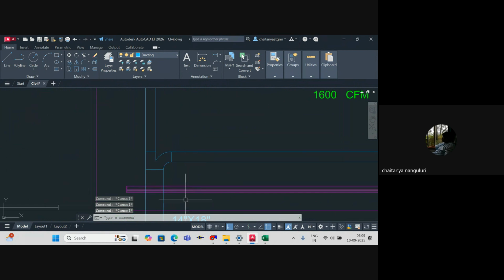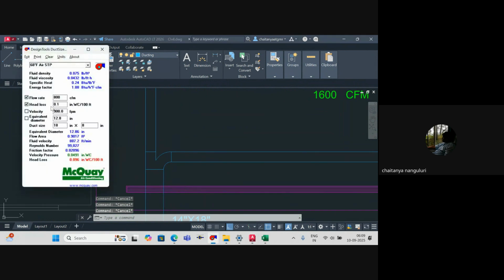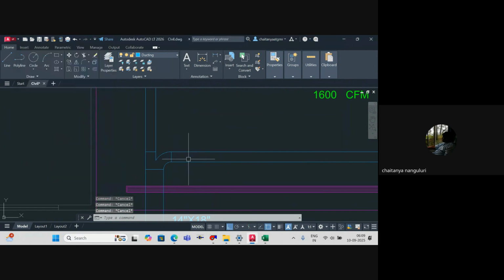I can use an increaser or reducer because 8 by 18 is not good. So I'll go for something like 12 inches. 12 by 12.